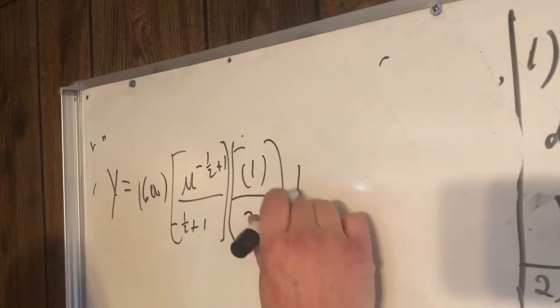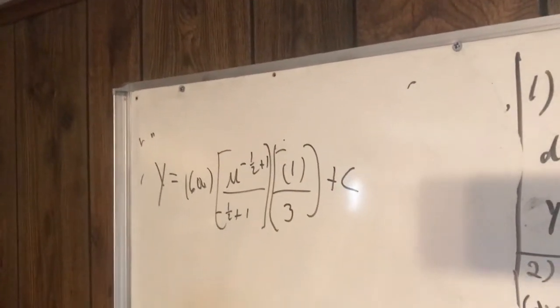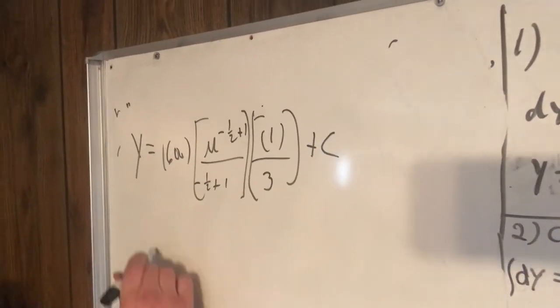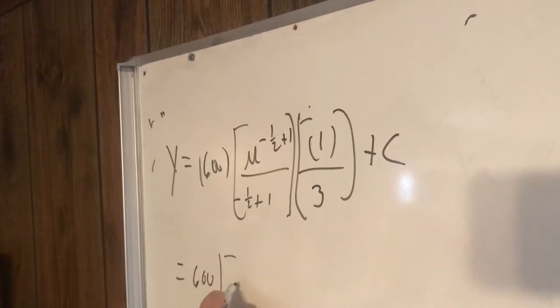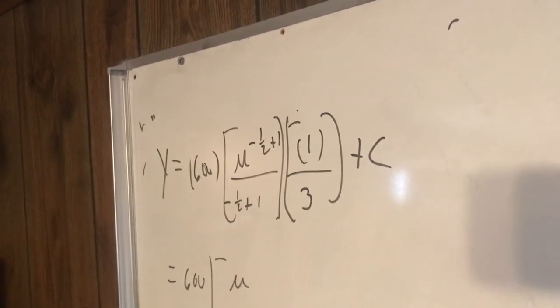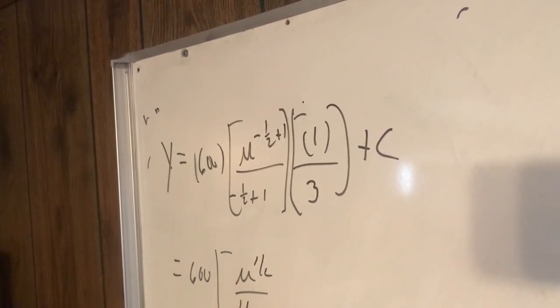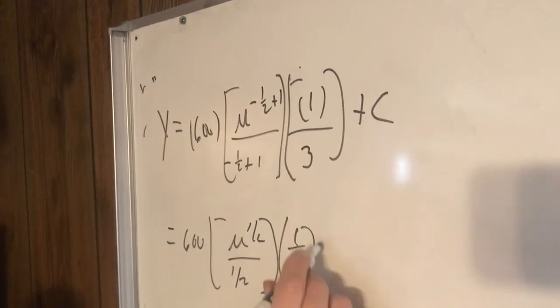Well, that goes pretty good. I don't have any x's left over, so I will get a good solution. If I had x's left over, then I know it's going to be wrong like the last time. So this is 600 U to the minus 1/2 plus 2/2, U to the 1/2 divided by 1/2 times 1/3 plus C.